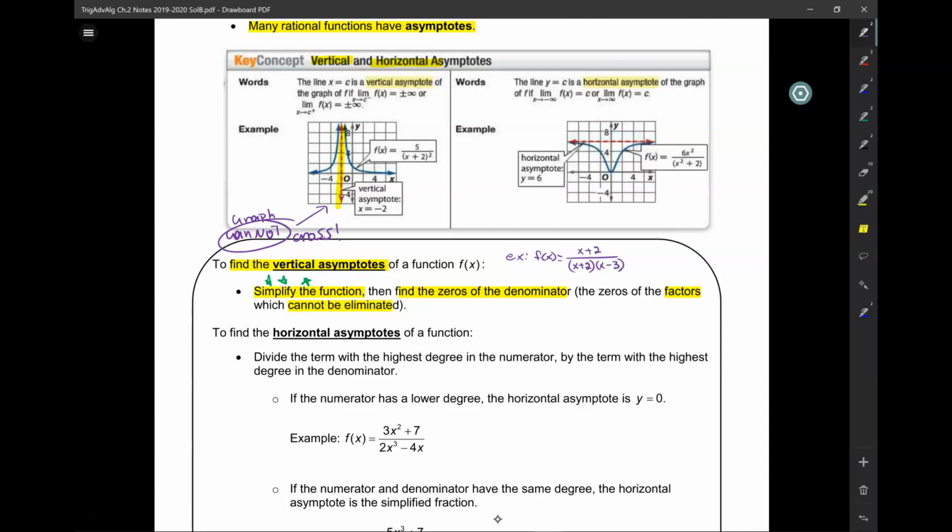Can anything in the denominator cancel here? Yeah. The x plus 2's cancel. Did the x minus 3 cancel? No. This is a factor which cannot be eliminated.